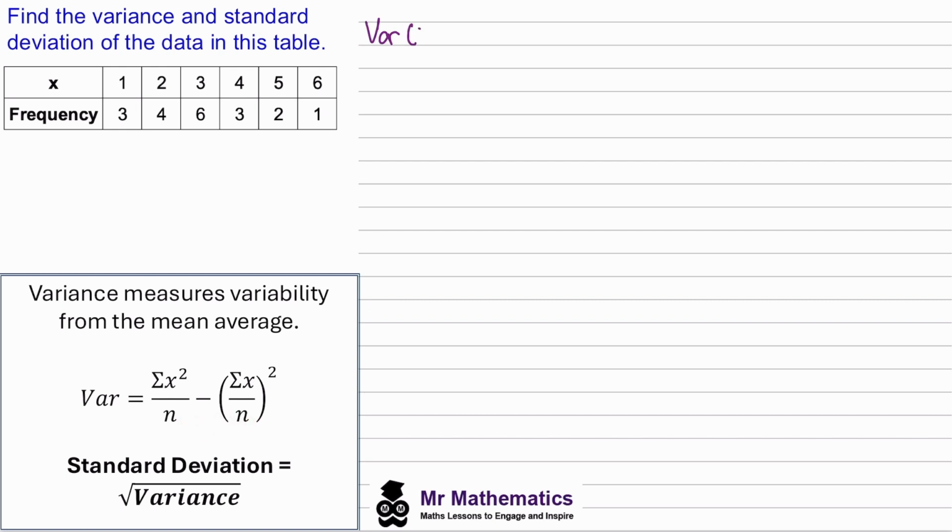We'll say the variance of x is now the sum of x squared multiplied by the frequency over n, minus the sum of xf, or x times the frequency over n, squared. And we know that this is still the mean average. And once we've worked out the variance, the standard deviation will be the same, the square root of that variance.